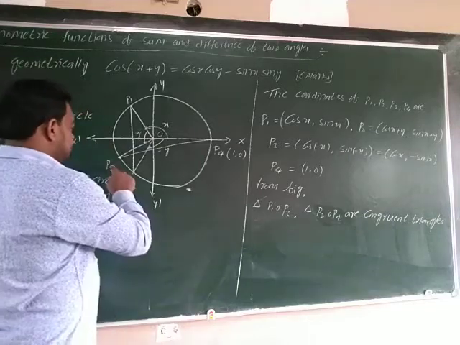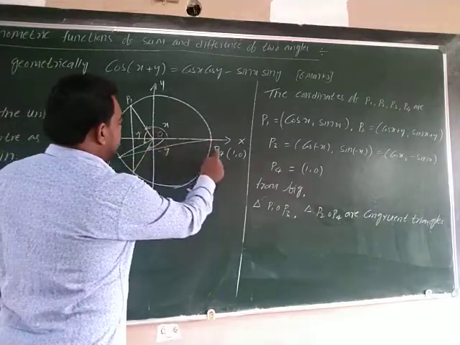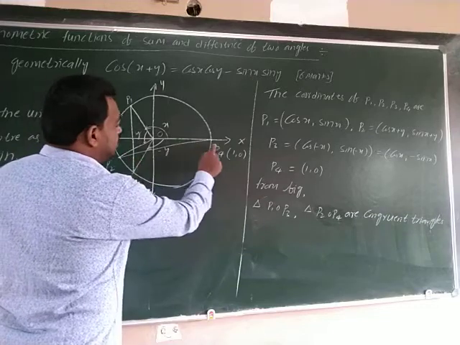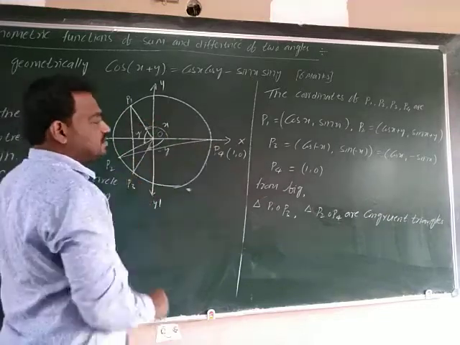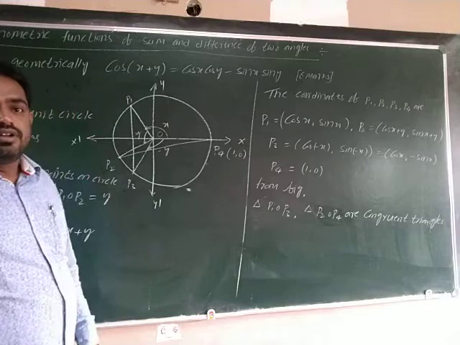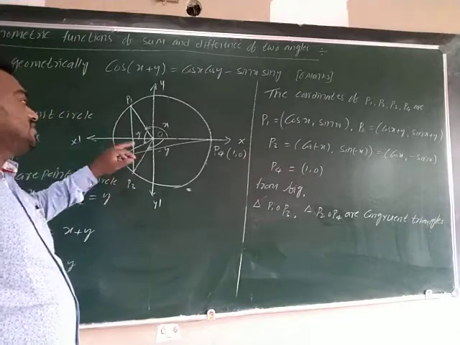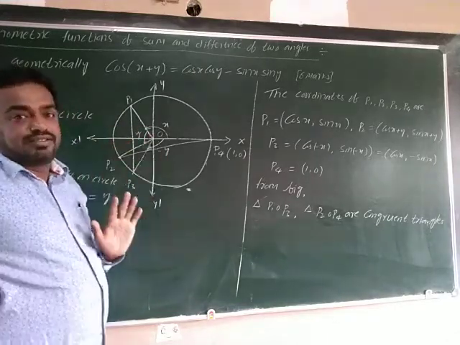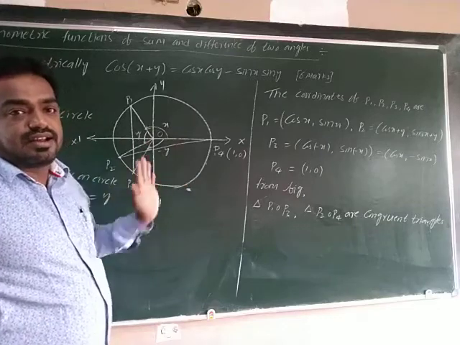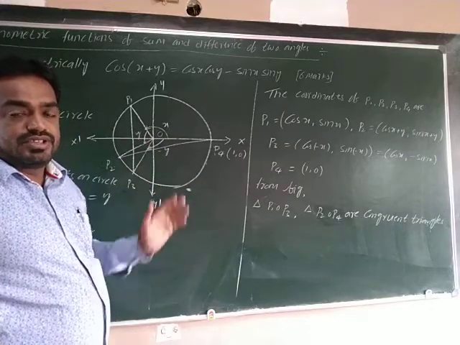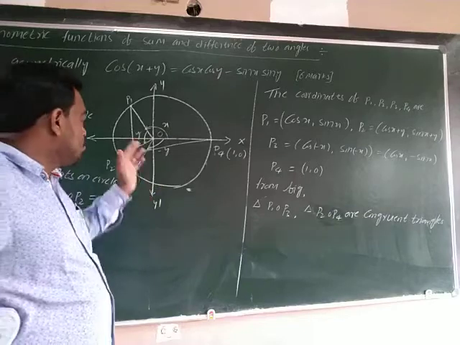And see, P2O P4, that means P2 P4 and P1 P3 are also the same. So from side-angle-side, these triangles are congruent.